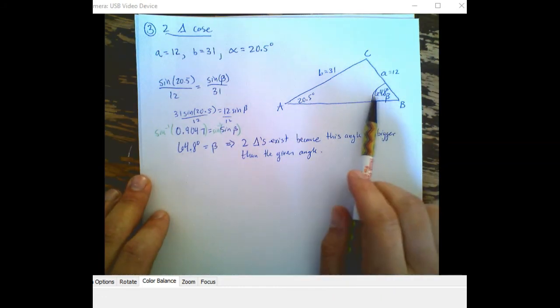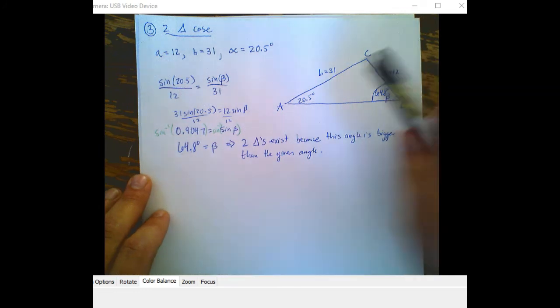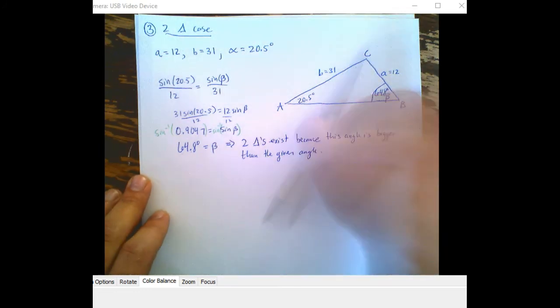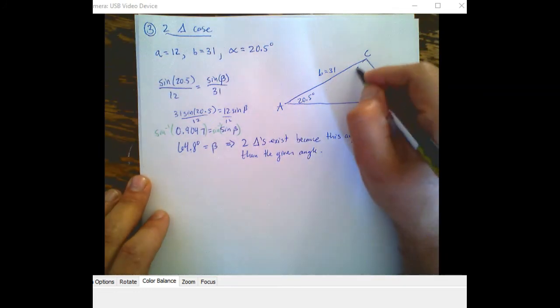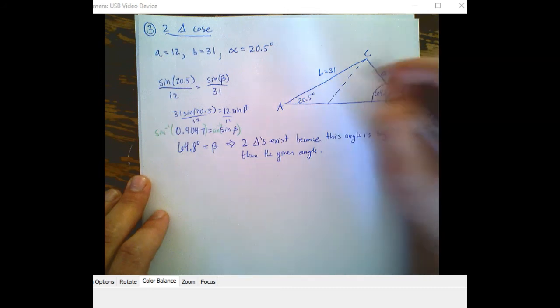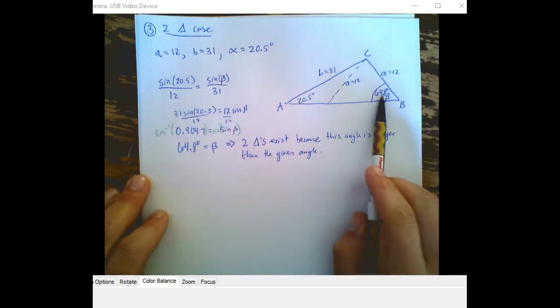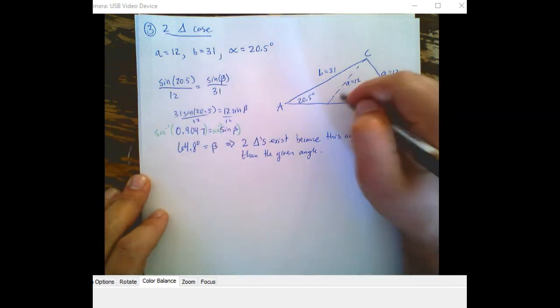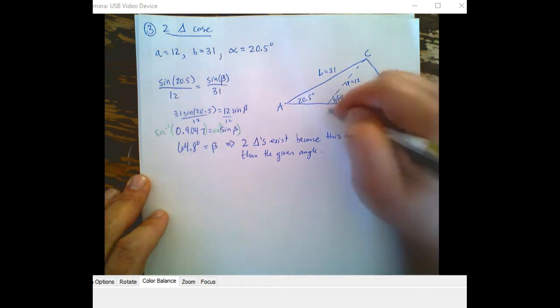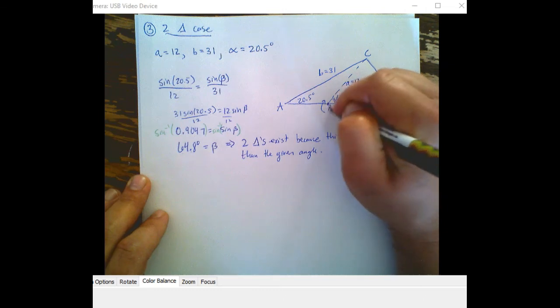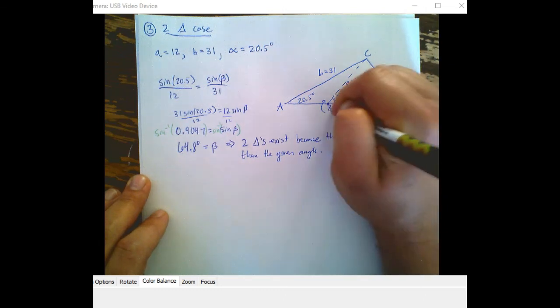So the reason why two triangles can exist is that if we think about swinging a over this way, this would also be 12. That means that this angle right here is 64.8. So say this is beta 1, this is beta 2.